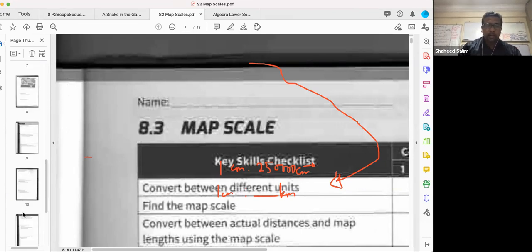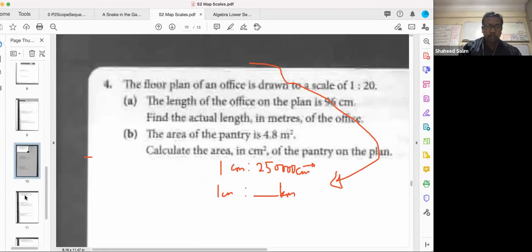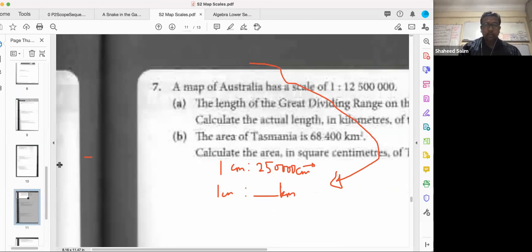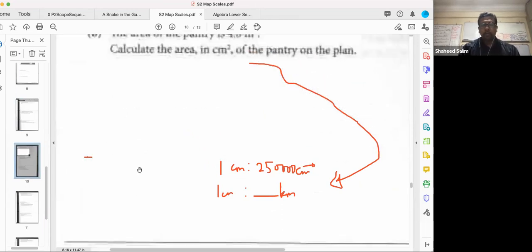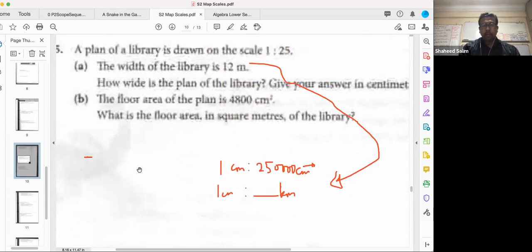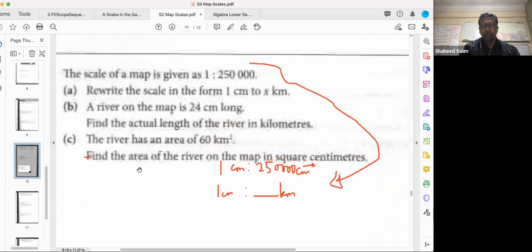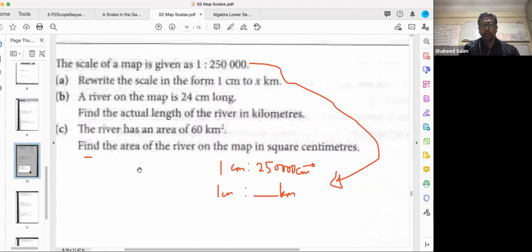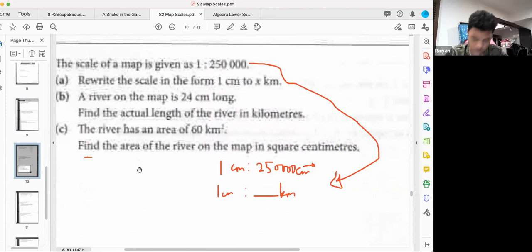Okay, and is it this one, right? Well done, 2.5 km.